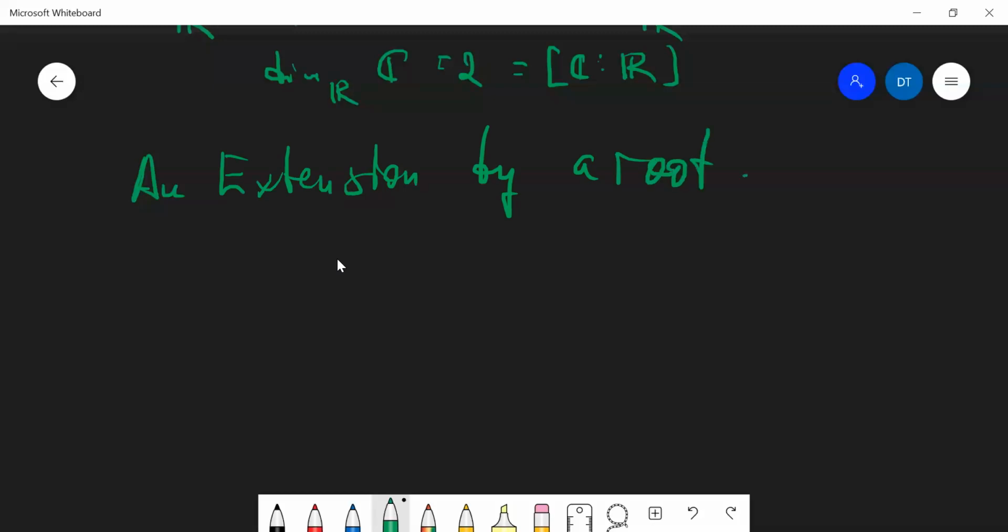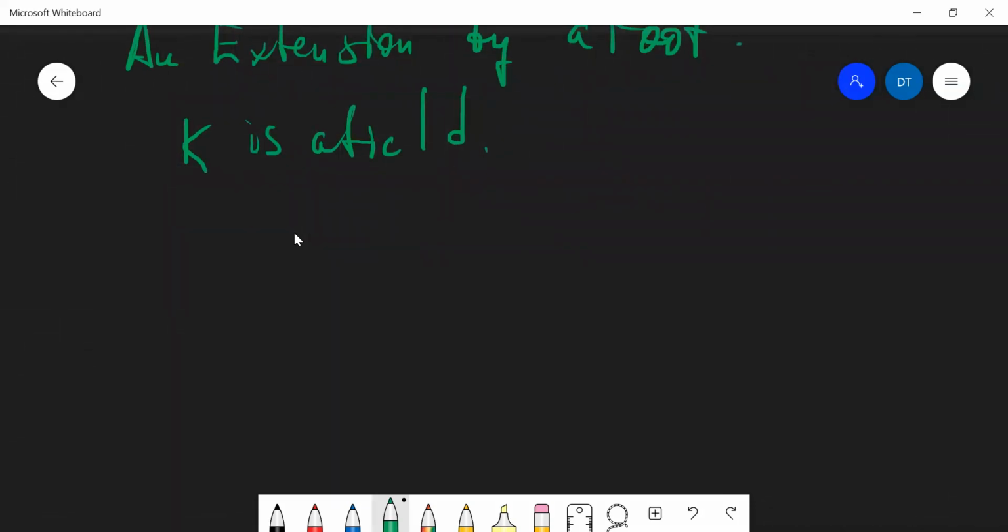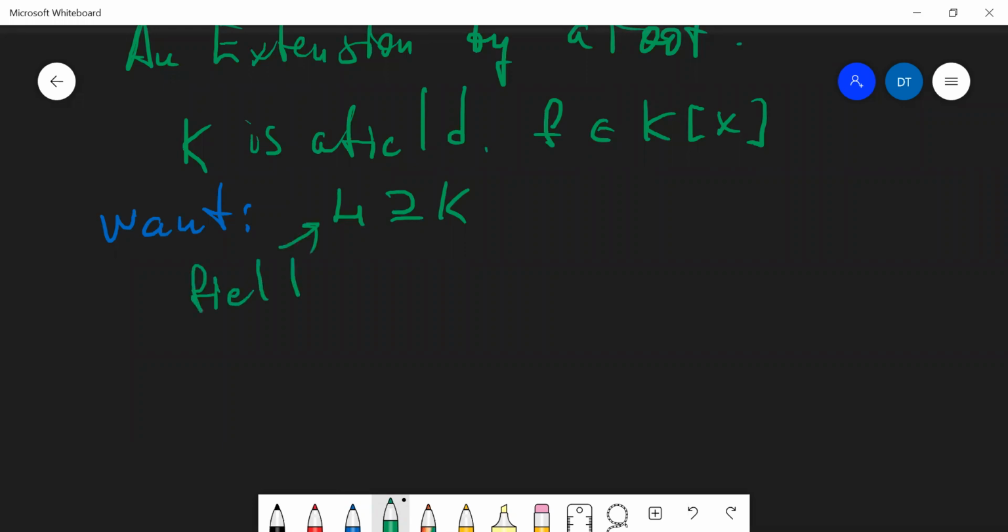So suppose we're given a field K, and we have a polynomial f with coefficients in K. What I want to produce is a field L containing K as a subfield, and an element alpha of L such that alpha is a root of f.